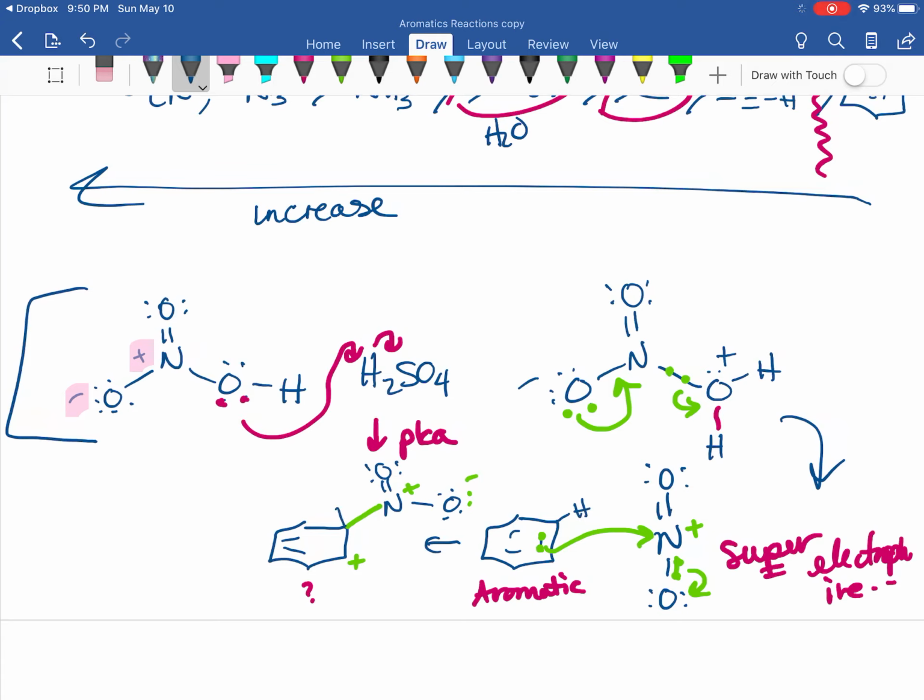But that's good news also, because the next step, there was a hydrogen here. Let's put that hydrogen back in. The next step, you can't stop. This step is your slow step. This would be your rate determining step. As soon as you make that carbocation, the next step is phenomenally fast, because you can eliminate. Let's do an elimination here.